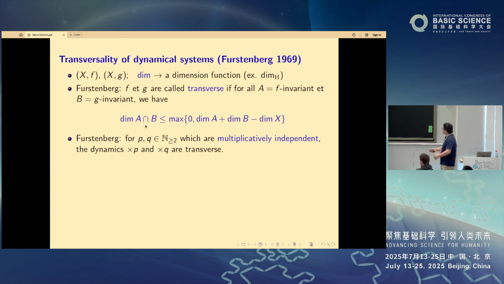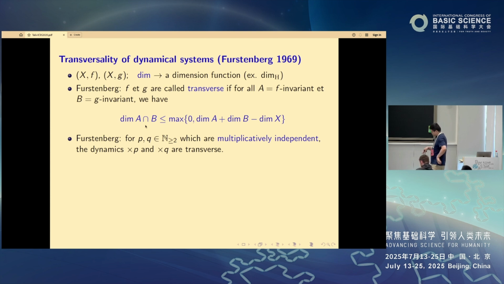Suppose now you have a dimension function, say the Hausdorff dimension, box dimension, or the entropy of this system. In this case, Fürstenberg terms transversality. Two maps F and G are called transverse if for all F-invariant sets A and all G-invariant sets B, the intersection of A and B has dimension bounded by this bound.